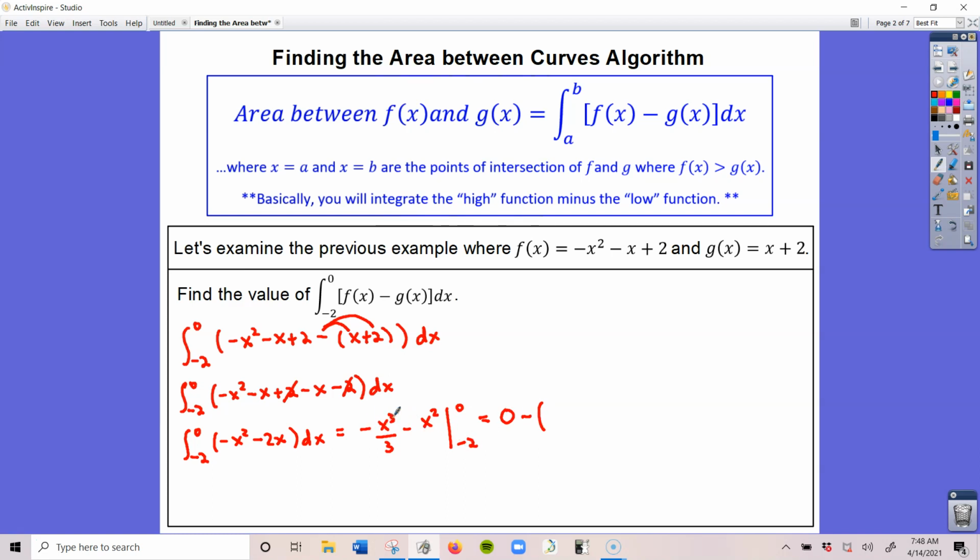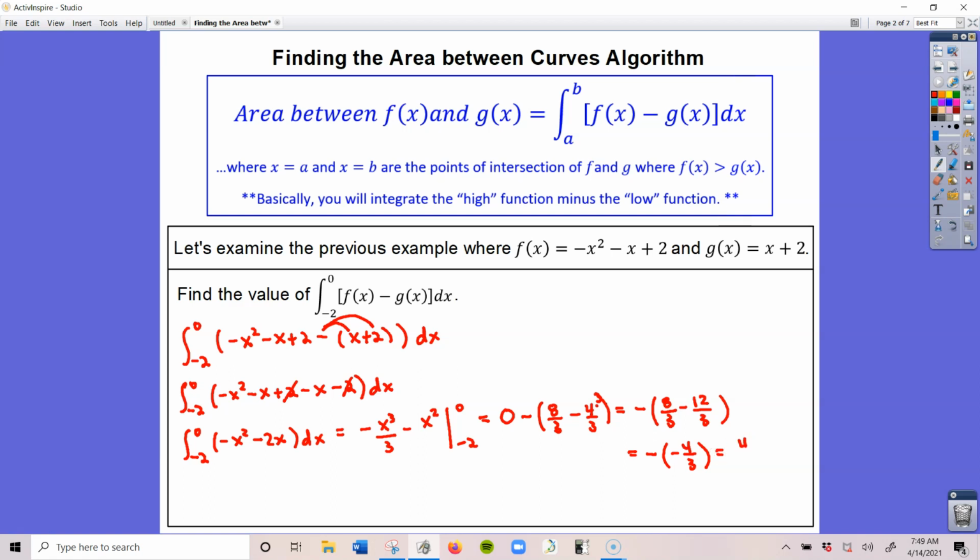-2 to the third is -8, times the negative on the outside will give us a positive 8 over 3, minus -2 squared, which is 4. So I'm going to put this over 3, and we get here negative 8 over 3 minus 12 over 3, which gives me negative 4 over 3.